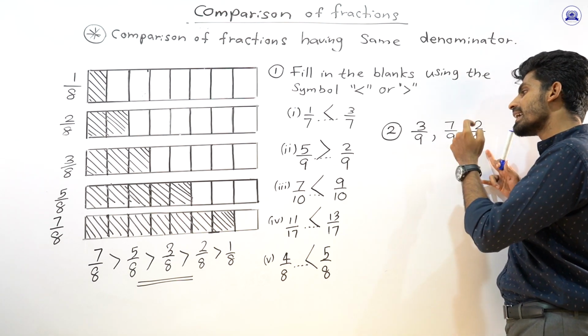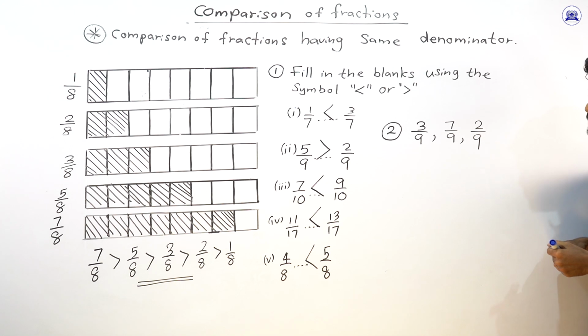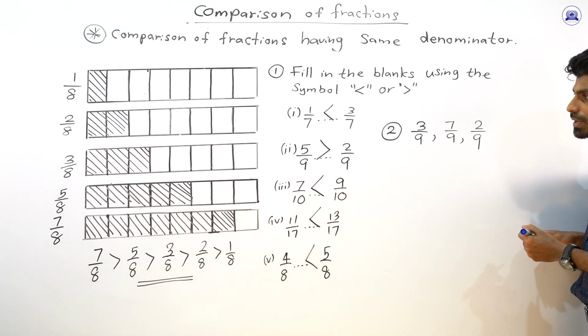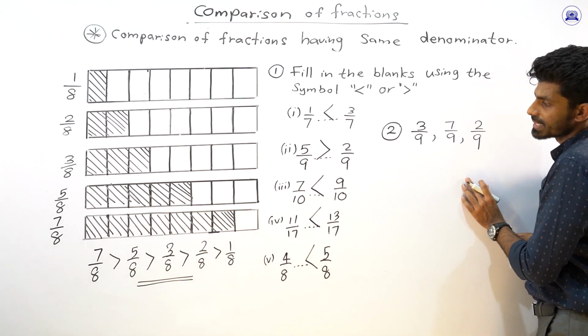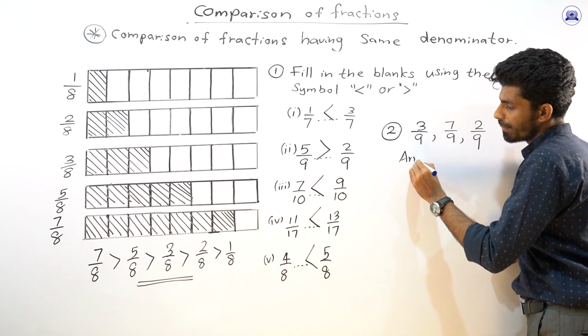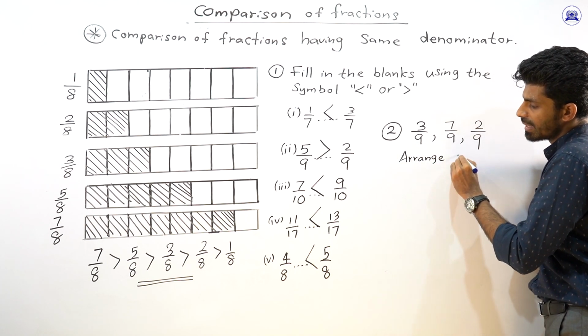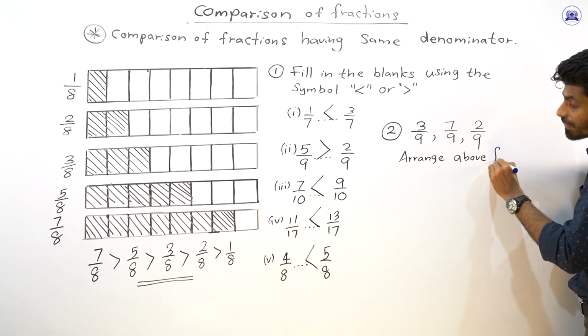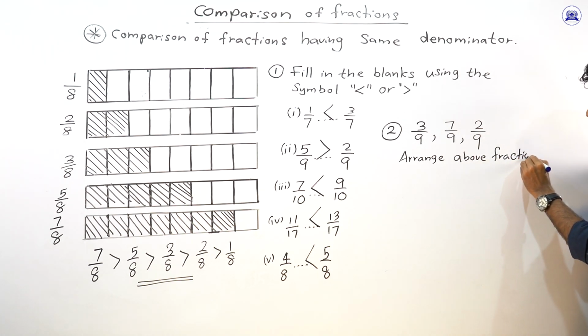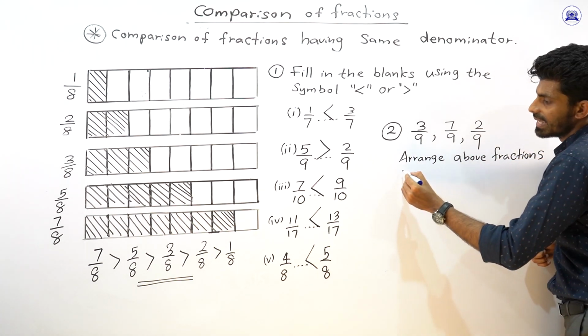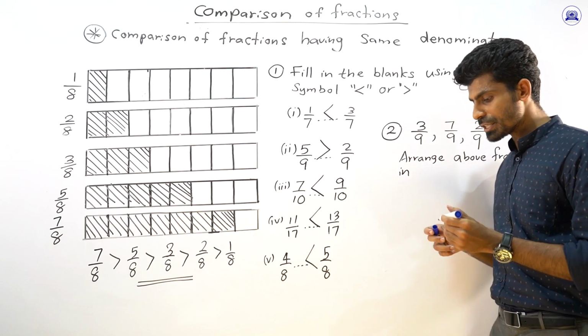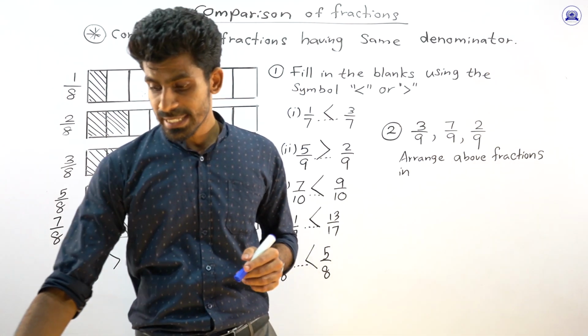And this one will be the last one. Right? So how can you arrange those fractions into the ascending order? Arrange above fractions in ascending order.